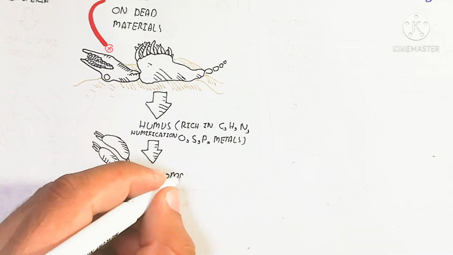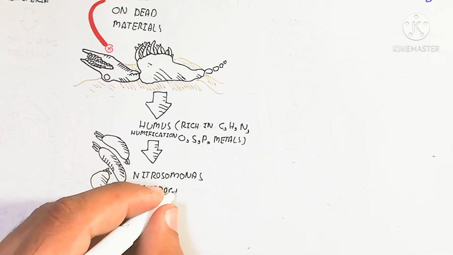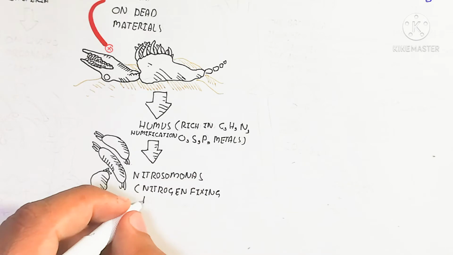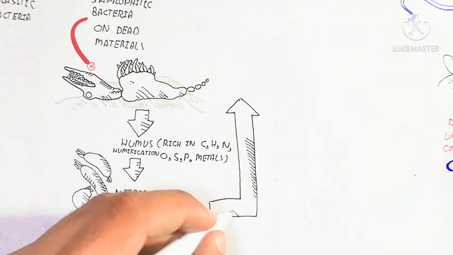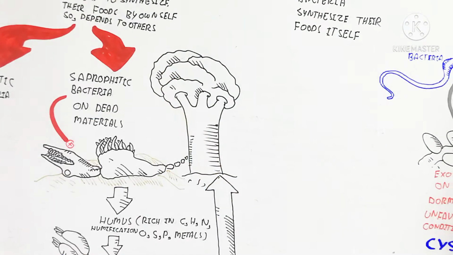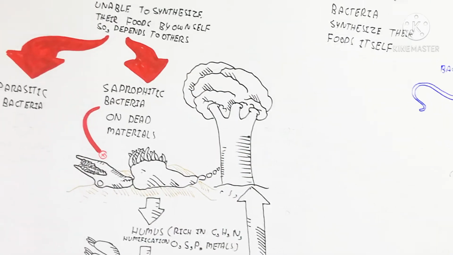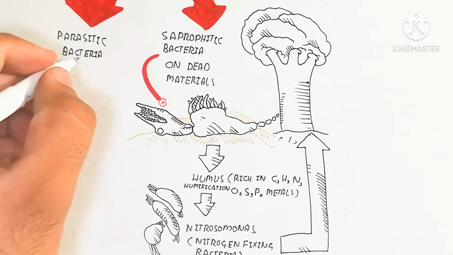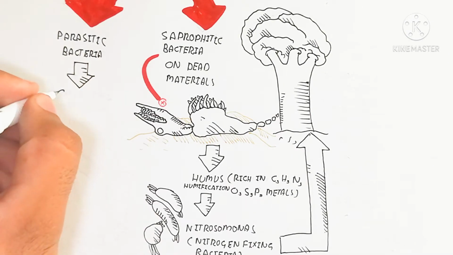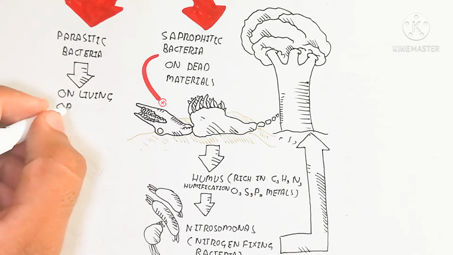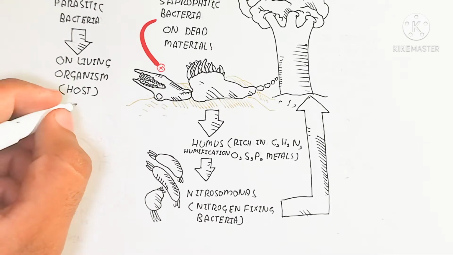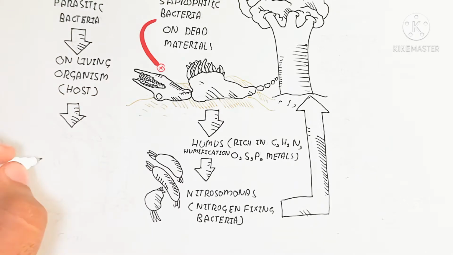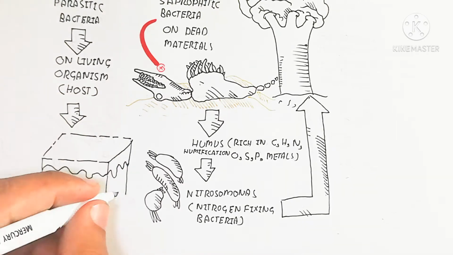Humification contains nitrogen, and other bacteria such as Nitrosomonas and Nitrobacter are nitrogen-fixing bacteria that fix nitrogen for plants. This type of bacteria produces ammonium ion from nitrogen fixation, while parasitic bacteria depend on living organisms.